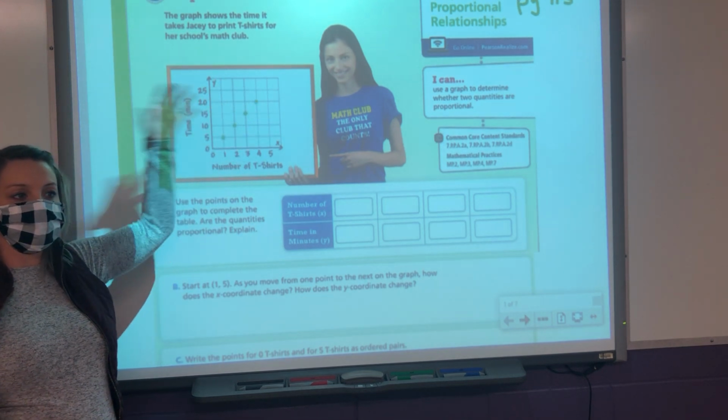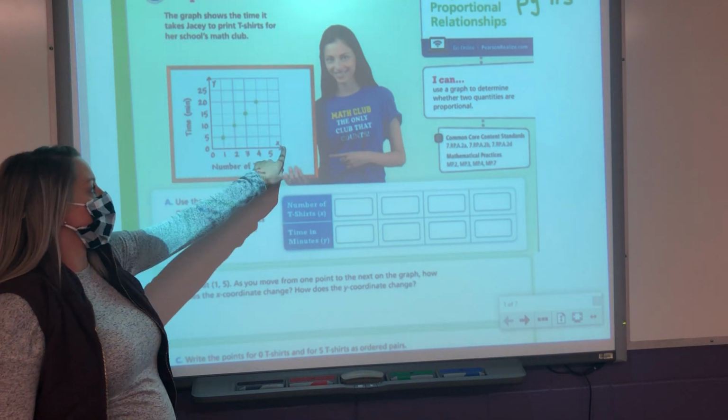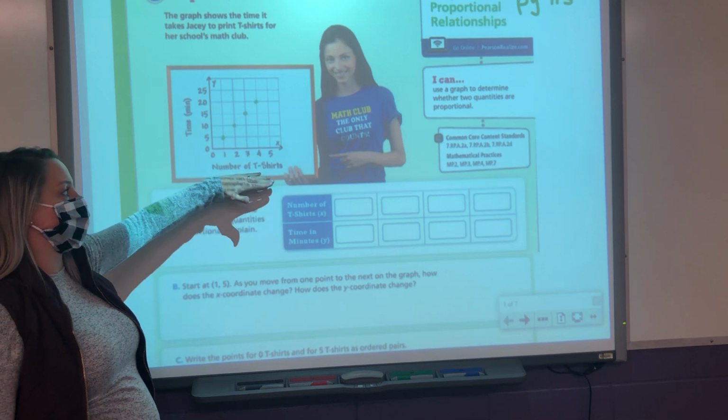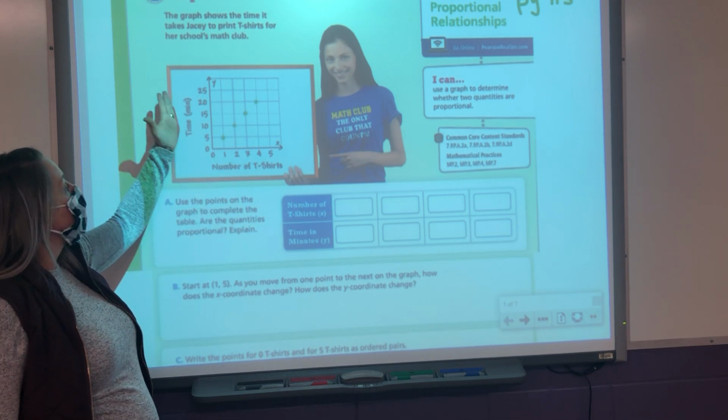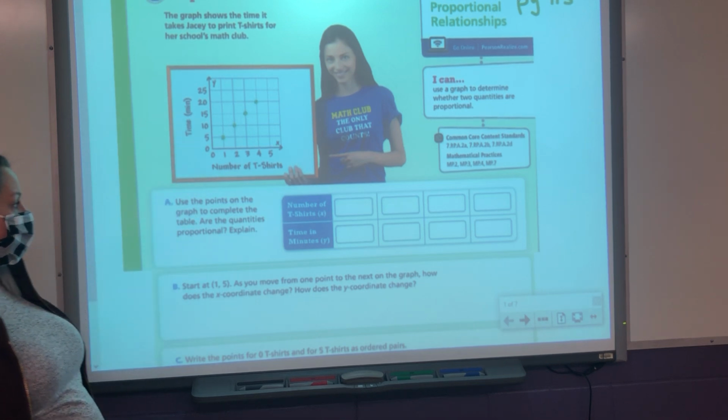Quadrant 1. So we're mainly going to be working in quadrant 1, where we have those positive x, positive y patterns. The number of t-shirts is our x-axis, so that's our independent variable. Our y-axis is the time, so that's our dependent variable.